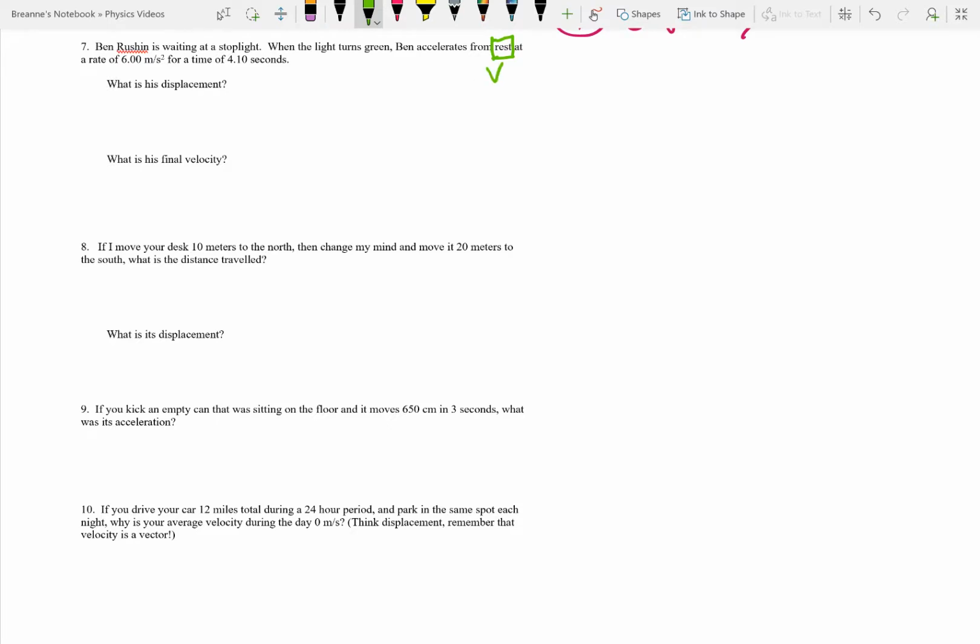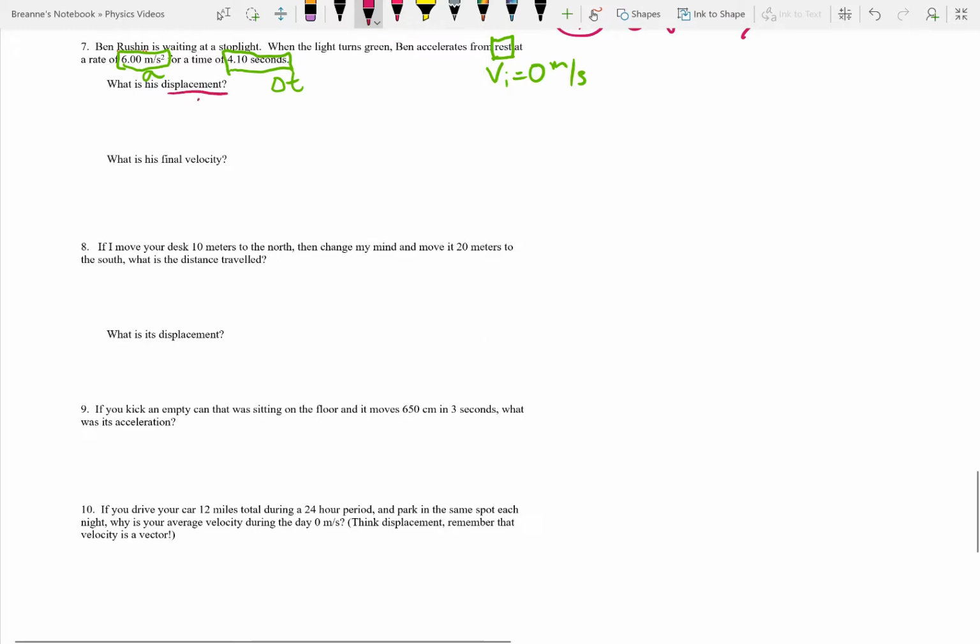It's telling you that your initial velocity is 0. And it's saying that you accelerate at a rate of 6 meters per second squared, for a time of 4.1 seconds. That's telling you your time.